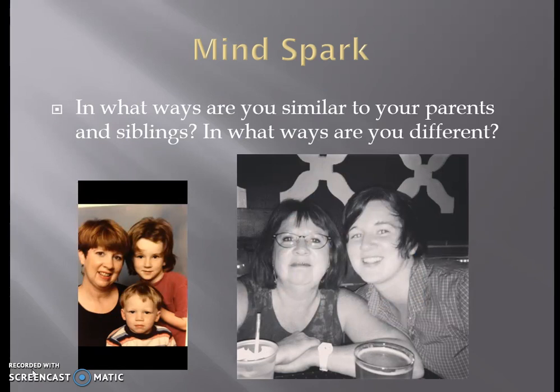Or in what ways are you similar to your parents or siblings? Or in what ways are you different? This question has been studied for more than 2000 years, but it came up with some modern ideas through research by a monk named Gregor Mendel. Mendel demonstrated that inheritance followed particular patterns.